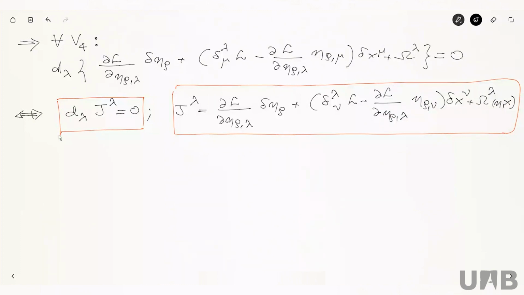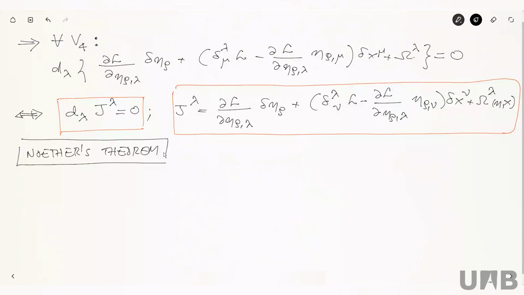So this is Noether's theorem. It is the result of Noether's theorem. And as you can see, this is the reason why Emmy Noether got to be famous, right? Because this theorem is not that easy to obtain.